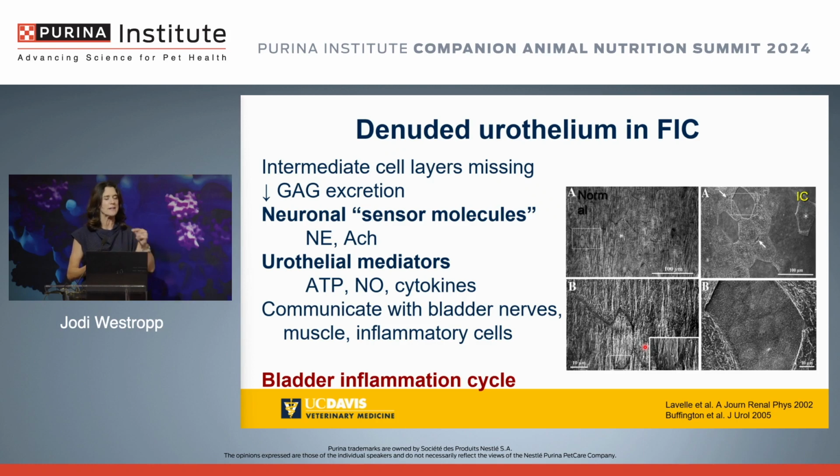They can mediate themselves and release things like ATP, nitric oxide, and cytokines. And what happens then is all of these inflammatory mediators begin to communicate with bladder nerves and the bladder muscle and also local inflammatory cells and recruit them. This then leads to that perpetuating bladder inflammation cycle.